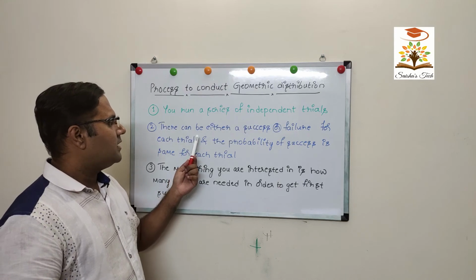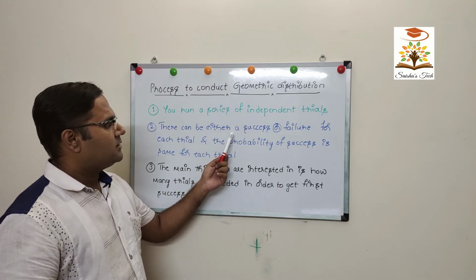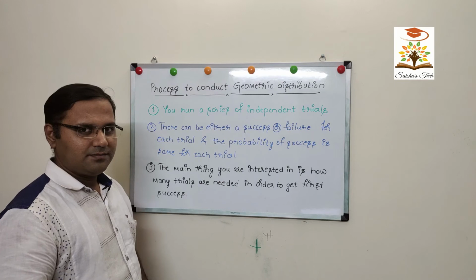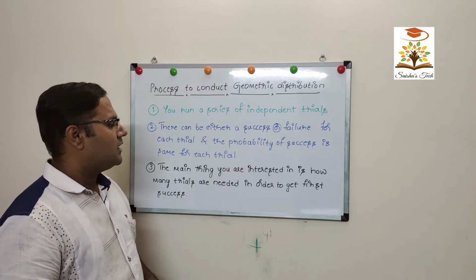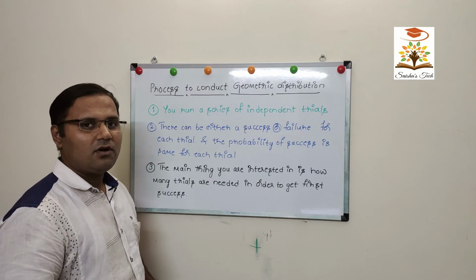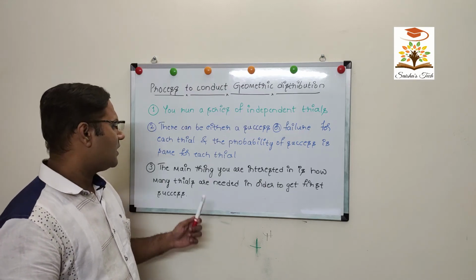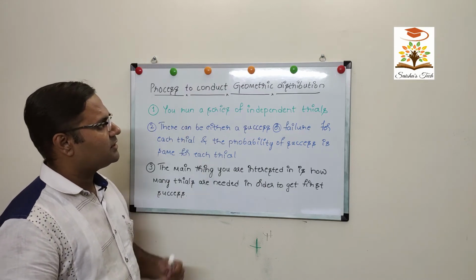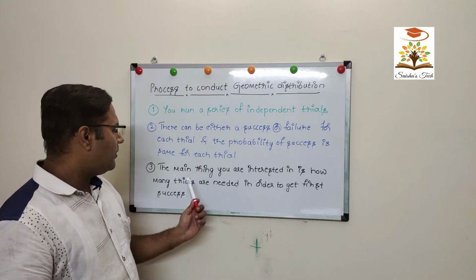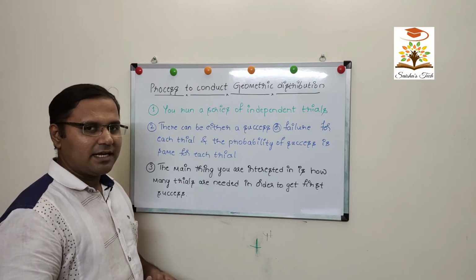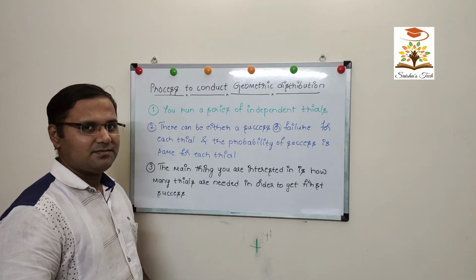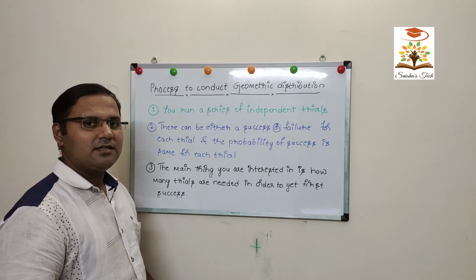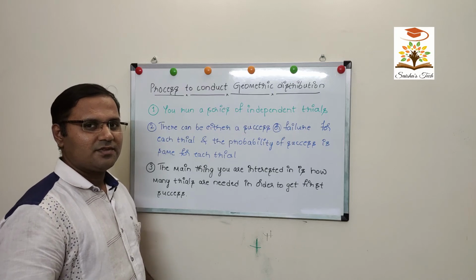The Bernoulli's trial has an outcome as a success or a failure for each trial, and the probability of success is always same for all the trials. The main thing which we are interested in geometric distribution is the number of trials which we need in order to get first success. This is how we conduct geometric distribution.